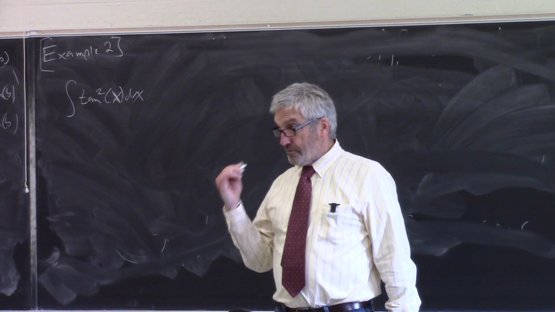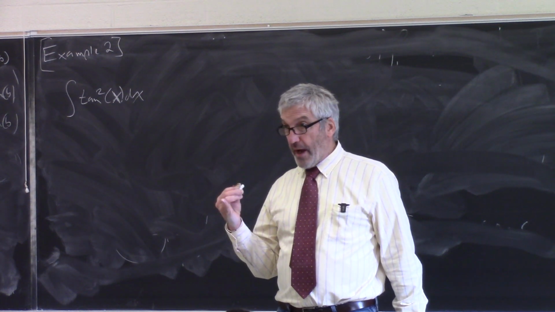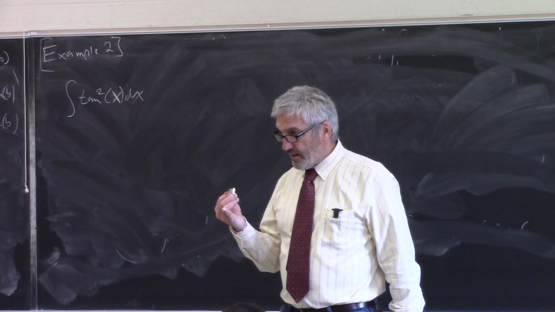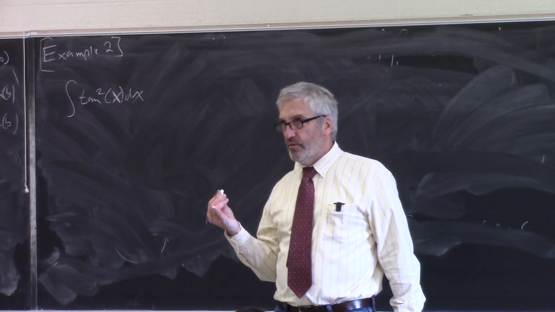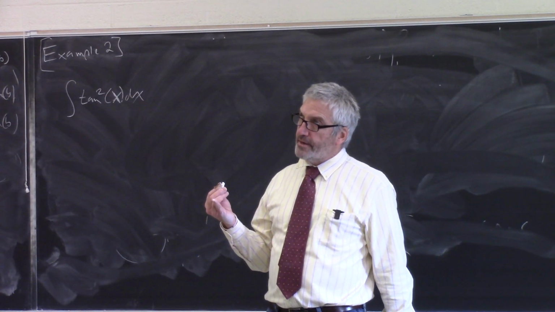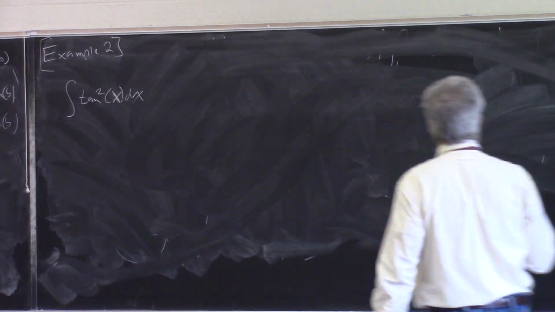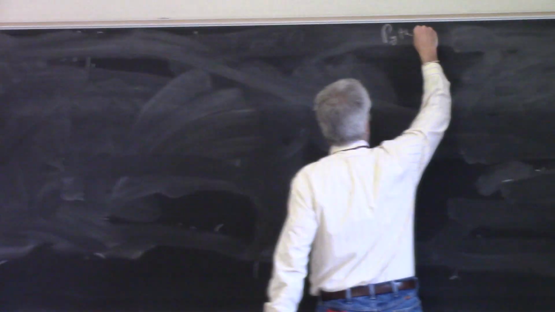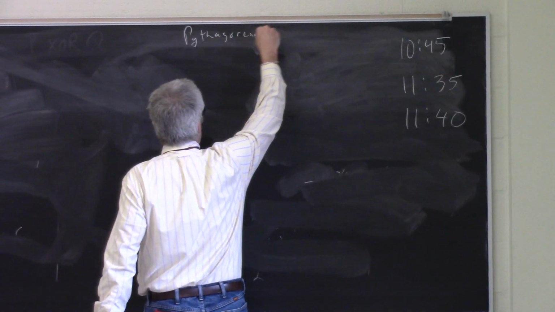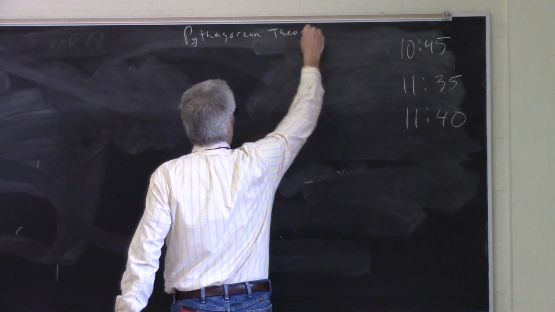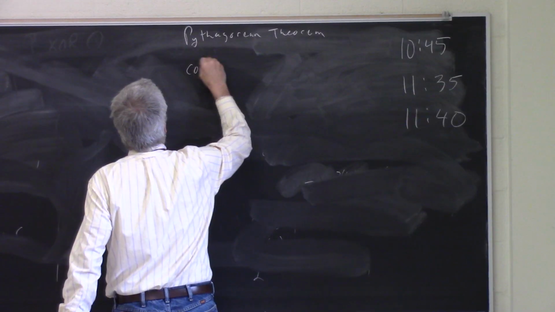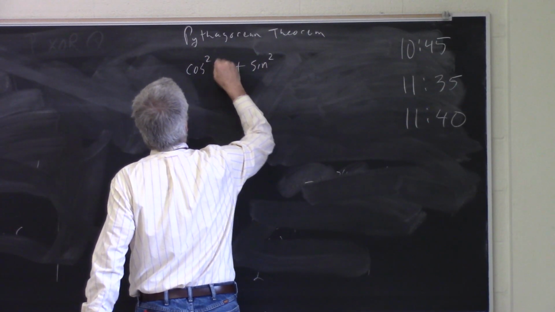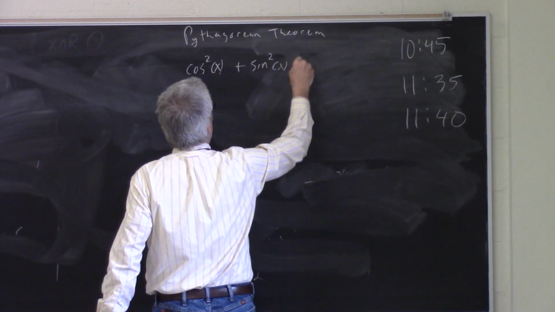Here's where you should just go back to the original. There's something like secant squared plus 1 or secant squared minus 1 or 1 minus secant squared. So go back to the Pythagorean theorem. That says cos squared plus sine squared equals 1.